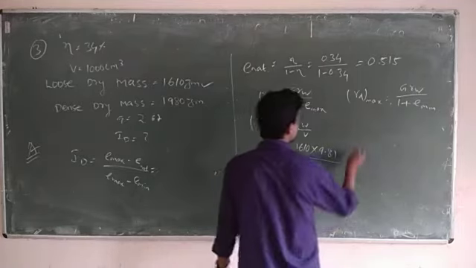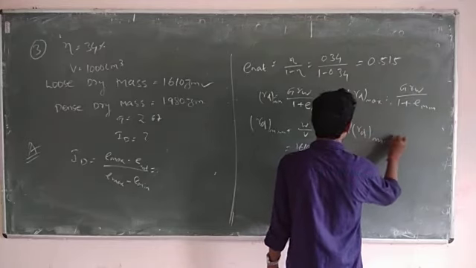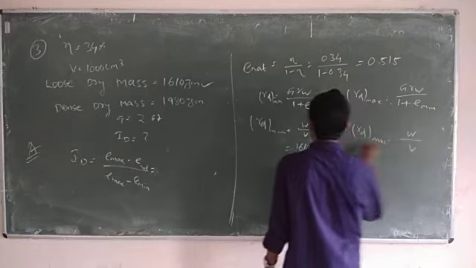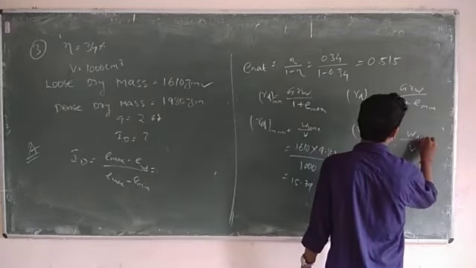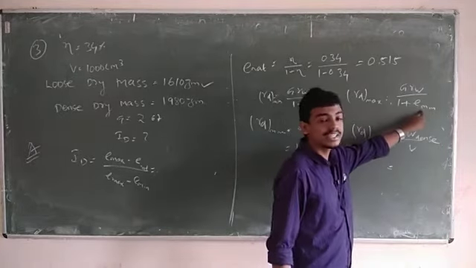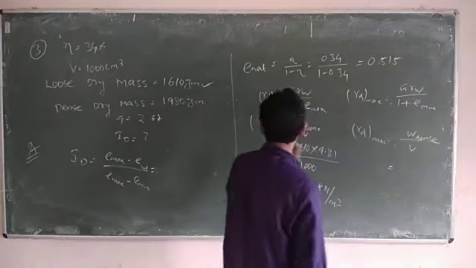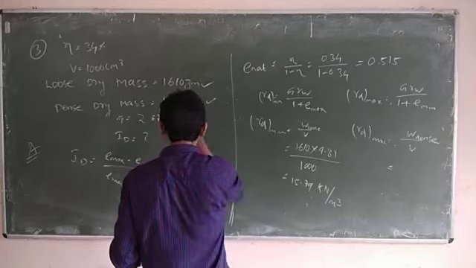In the same way, I will calculate gamma D maximum by using the formula. Here I am writing loose, here I am writing dense. So for gamma D maximum, we will take E minimum. Where will E minimum lie? The void ratio will be minimum in the dense dry mass.